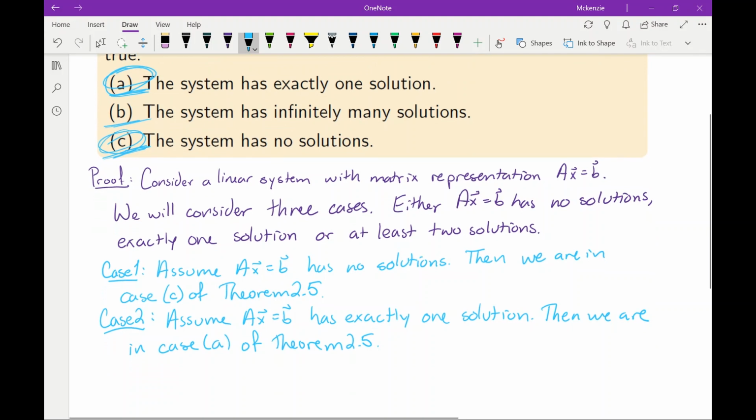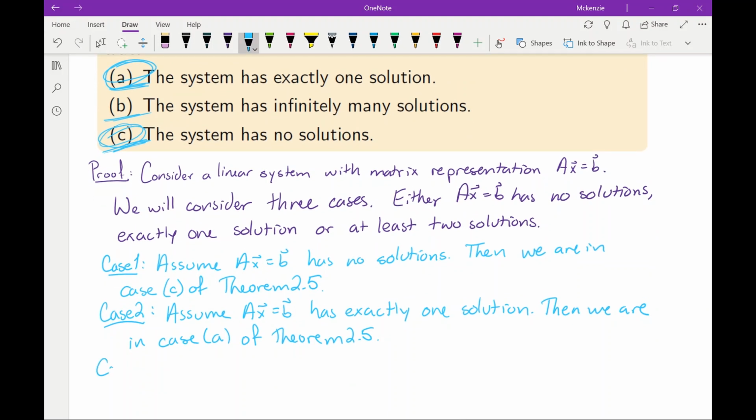Okay, so lastly, our third case here, this is going to be the longer one because it doesn't follow immediately, right? We want at least two solutions to lead to infinitely many. So let's assume Ax equals b has at least two solutions.